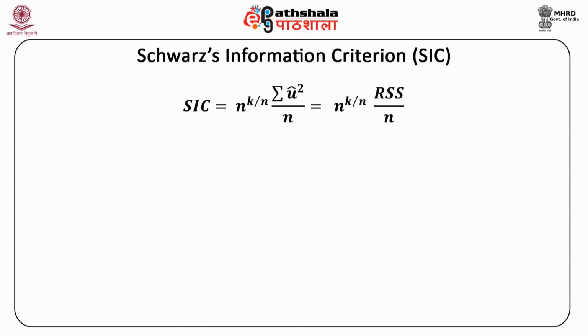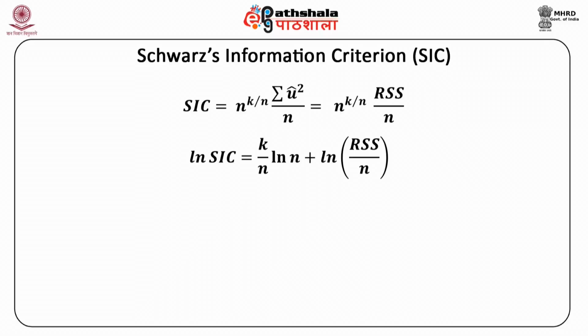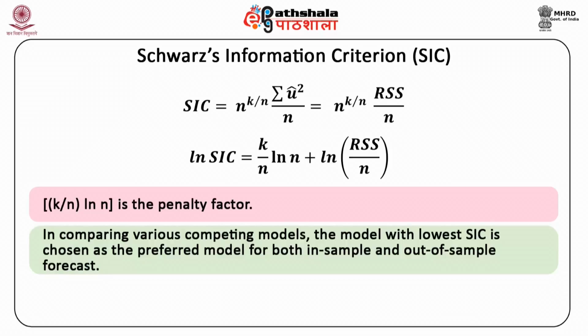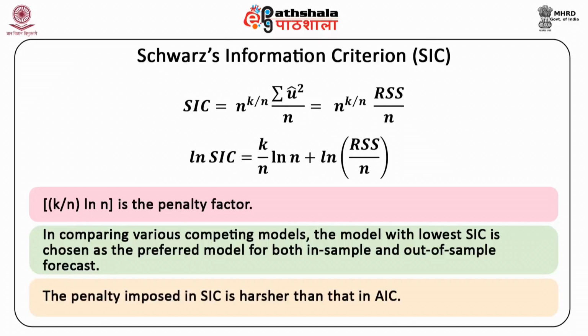And in log form it can be written as ln SIC is equal to k by n ln n plus ln of RSS upon n, where k by n ln n is the penalty factor. In comparing various competing models, the model with the lowest SIC is chosen as the preferred model for both in-sample and out-of-sample forecast. The penalty imposed in SIC is harsher than that in AIC.